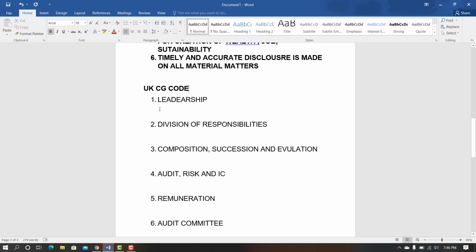The first is leadership. Under leadership, there is an effective board which is collectively responsible for long-term success of the company. Here directors should act with integrity. Integrity means honest.